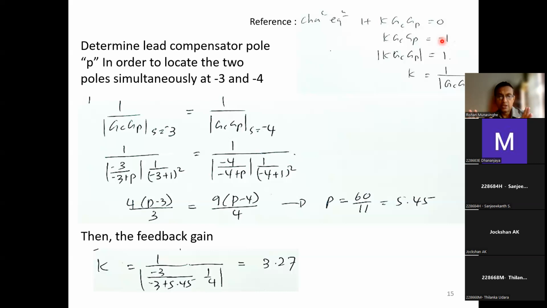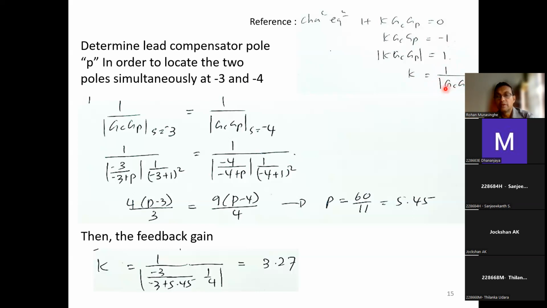So let's take the magnitude. Then you don't have this -1, because -1 comes with the phase. +1 is 0 phase, -1 is 180 degree phase. +1 is over here, -1 is over here. Then you can calculate your K as 1 over the magnitude of GC GP.